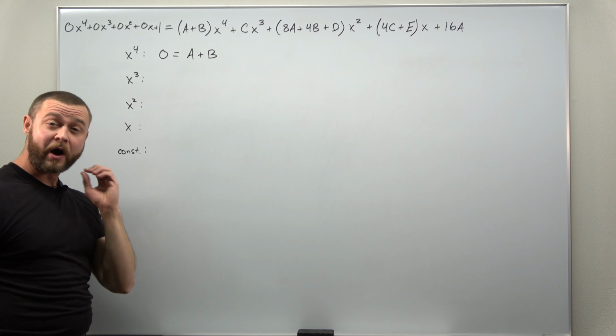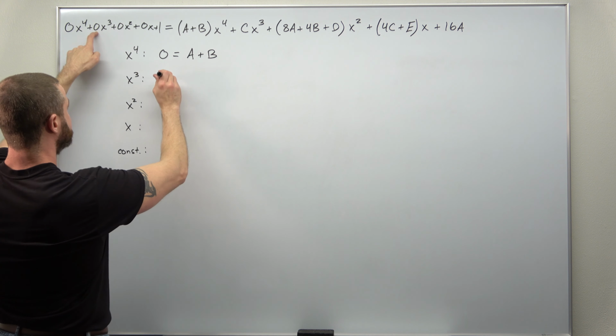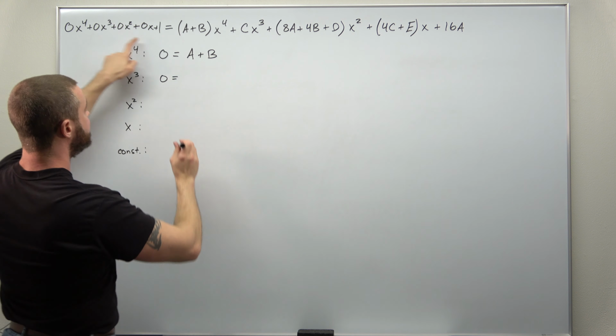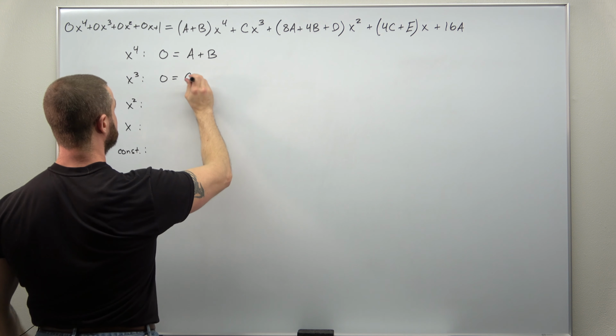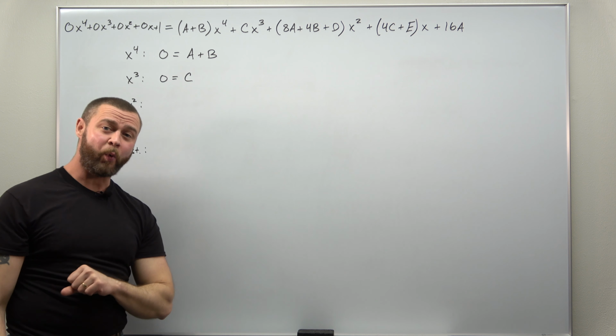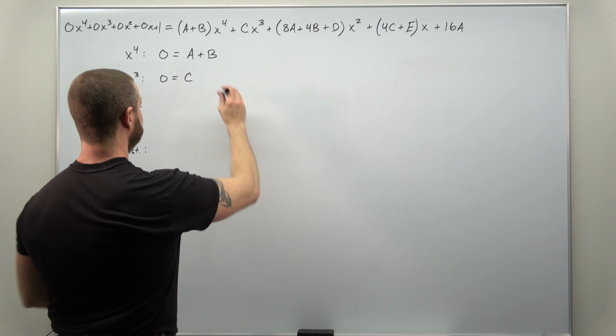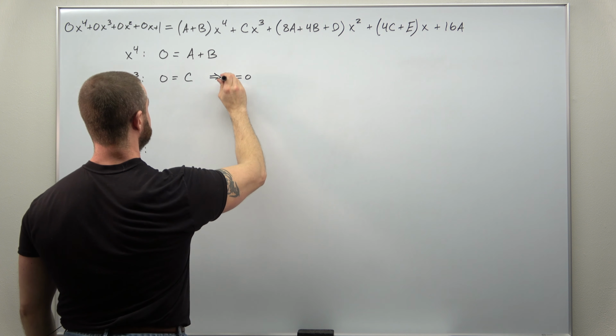All right, we can go to now our x cubed terms. So we have a coefficient of 0, and that should equal this coefficient of x cubed, c. And notice that is really nice. That tells us one value for free. That tells me immediately that c equals 0.